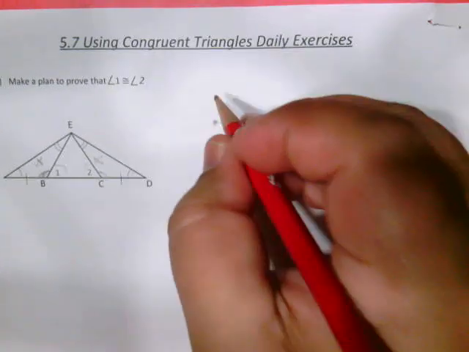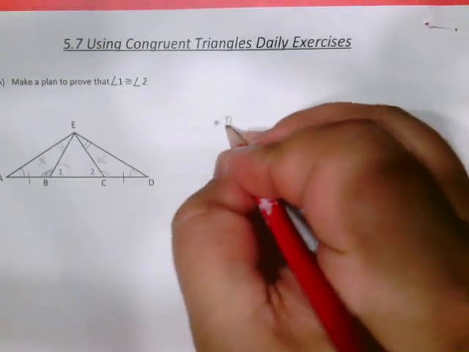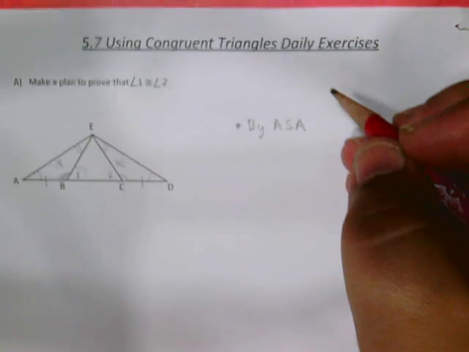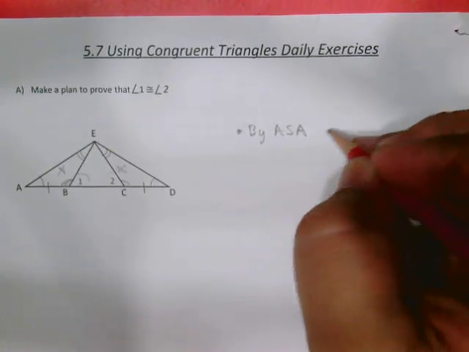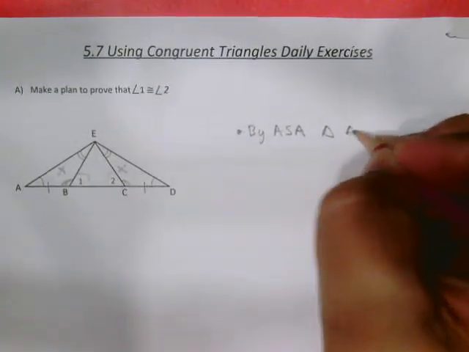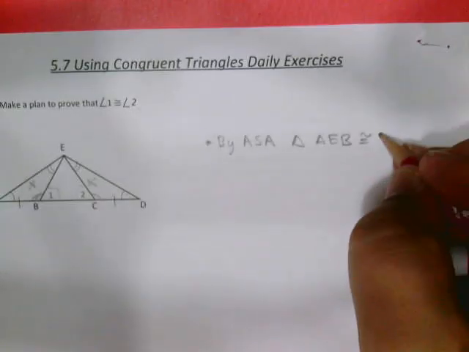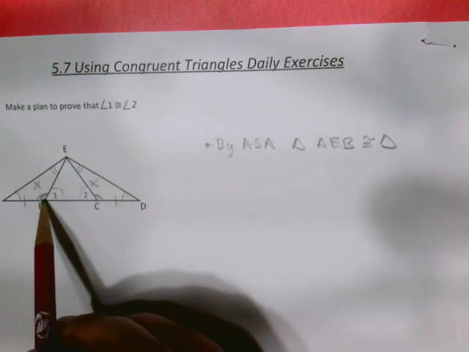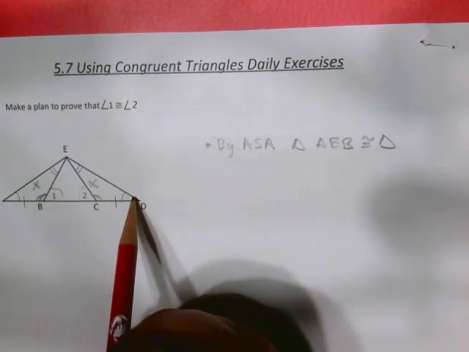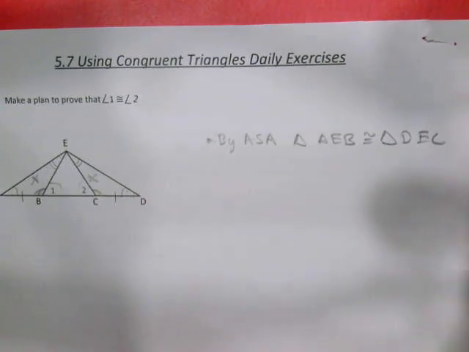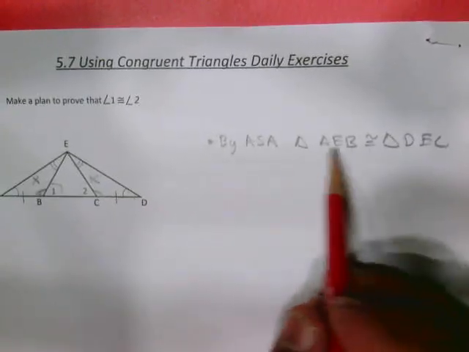So what I'm going to say is, starting off with A as A, okay, triangle AEB is congruent to triangle DEC. Now, here's AEB. I'm trying to go in the same order. Okay, so now I show that those two are the same.